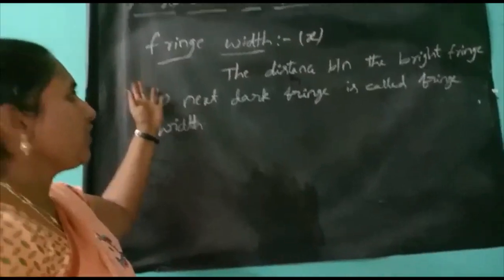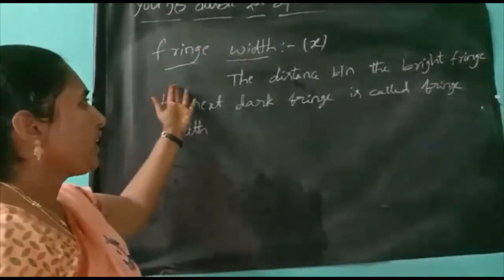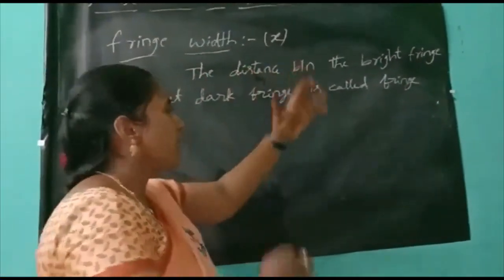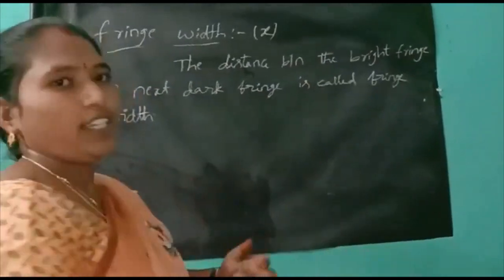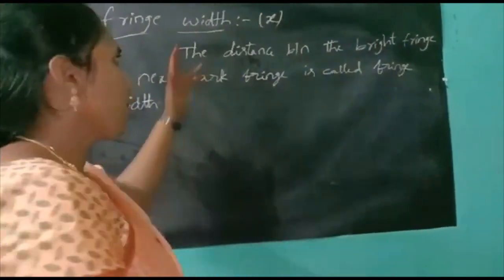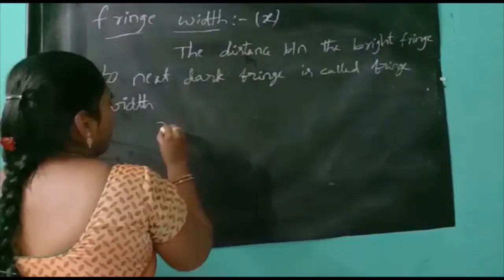The distance between the bright fringe to the next dark fringe is called fringe width. It is represented by the term x.